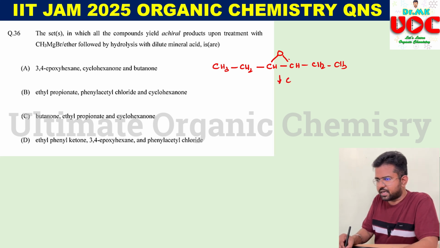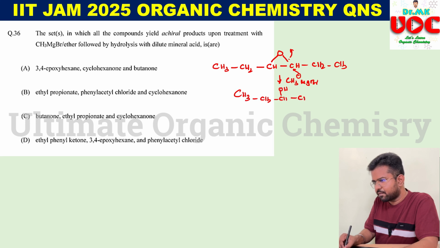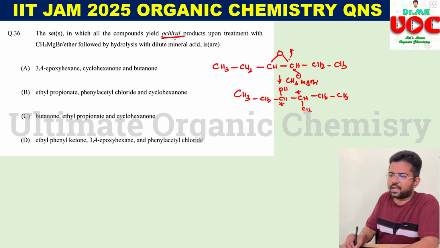Assume this molecule is reacting with methyl magnesium bromide. So this is a symmetrical epoxide. At any part the attack can take place. So there is a formation of a chiral center here. The question is, you should get achiral product. So this option is ruled out.